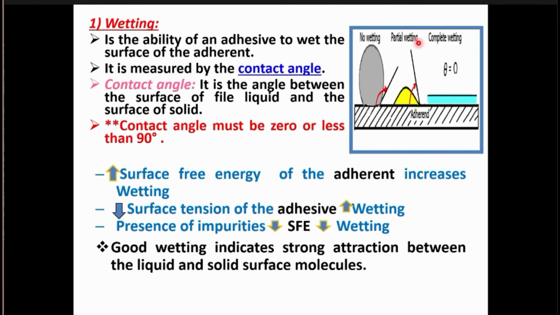Similarly, in the case of liquids, the comparative property is surface tension. If we have low surface tension of the adhesive, it will give us better wetting and better adhesion. I know this is a little bit tricky, but I hope you understand this slide.